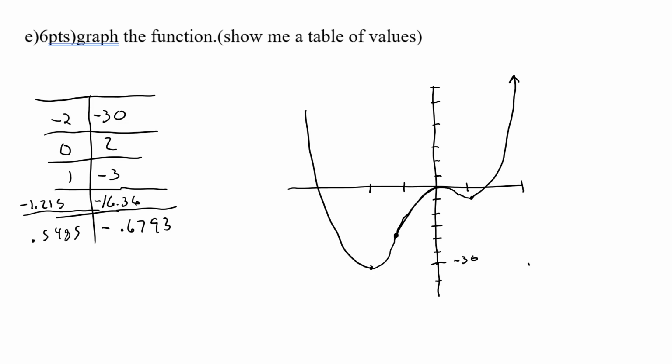Your Y min, though, you have to go all the way down to negative 30 to get that. So we'll go negative 40, and we'll go to 40, and then we'll go up by 5. And that matches pretty good to what I see on my graphing calculator, right? And so there you go.